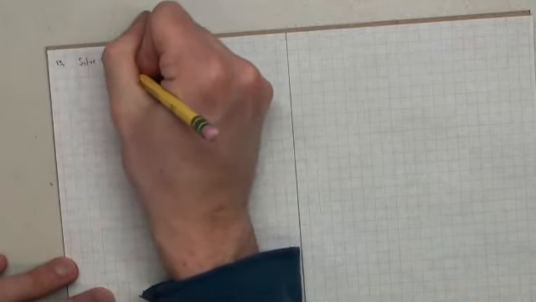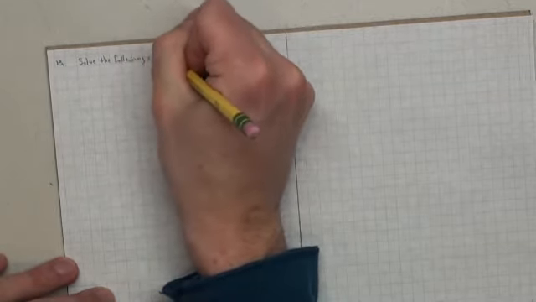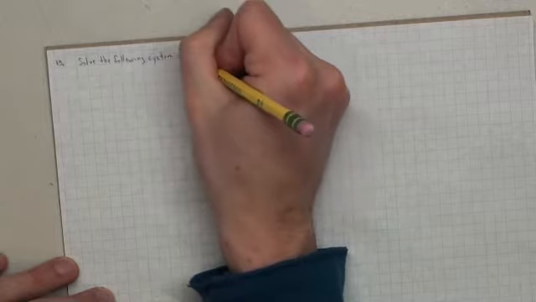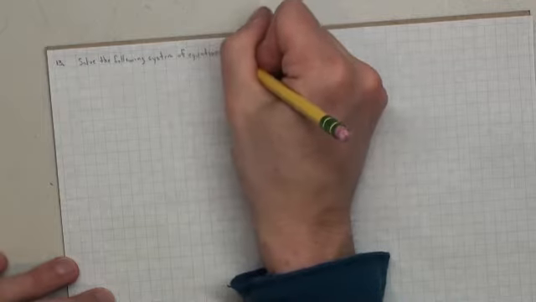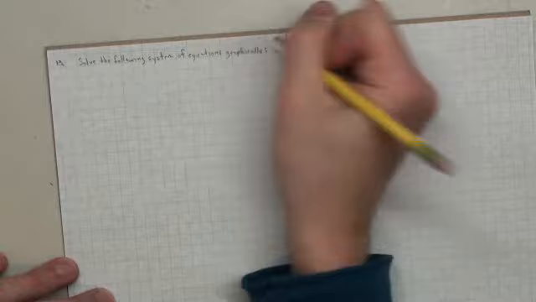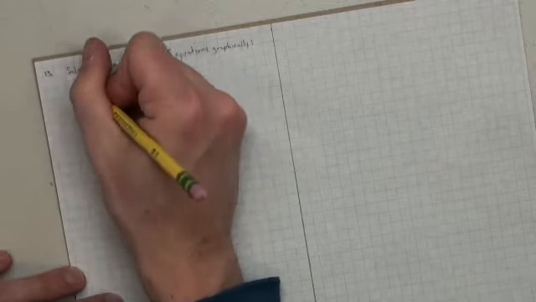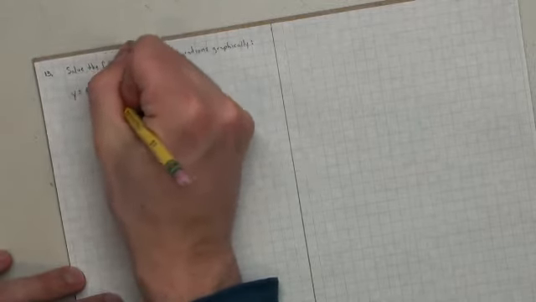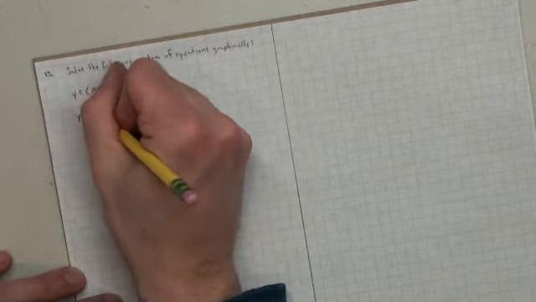Solve the following system of equations graphically. And we have y equals, in parentheses, x plus 3 squared minus 4. And then we have y equals 2x plus 5.